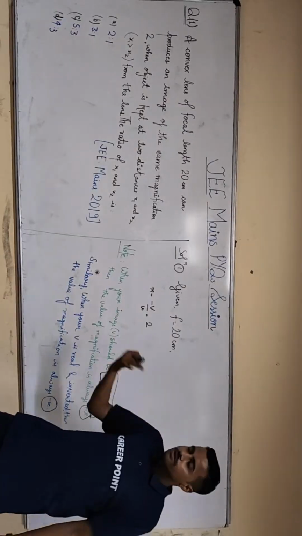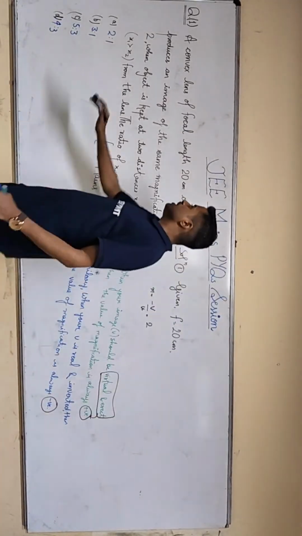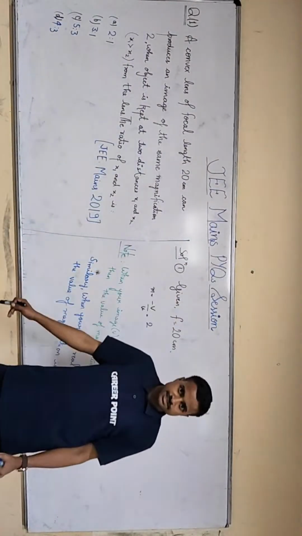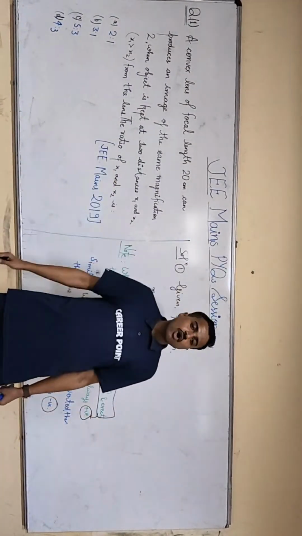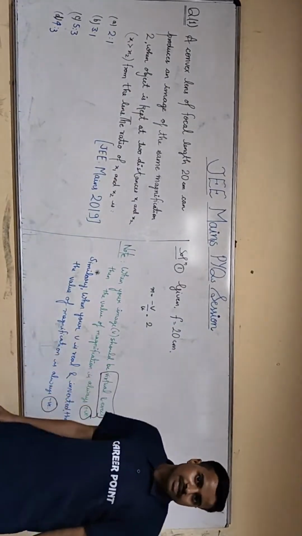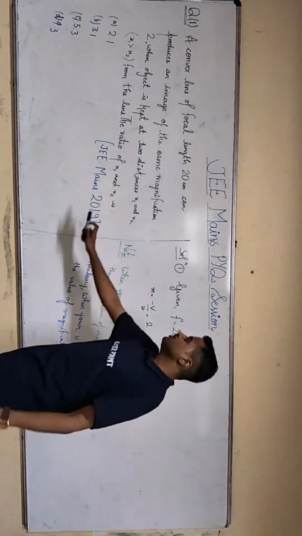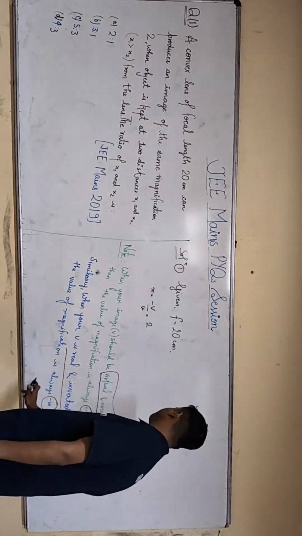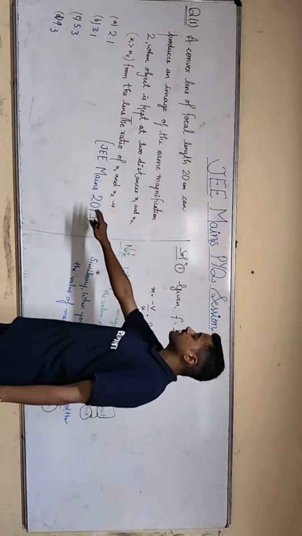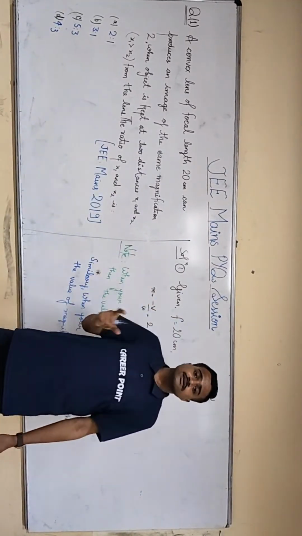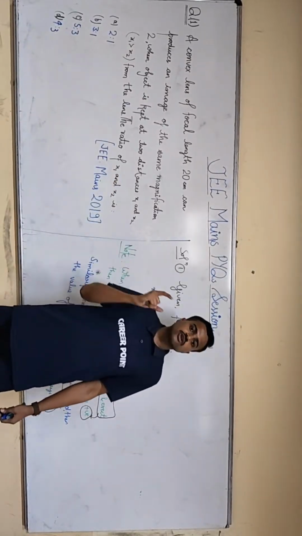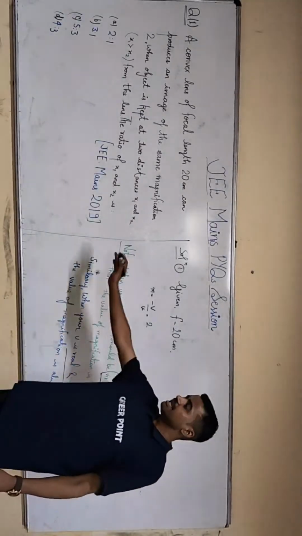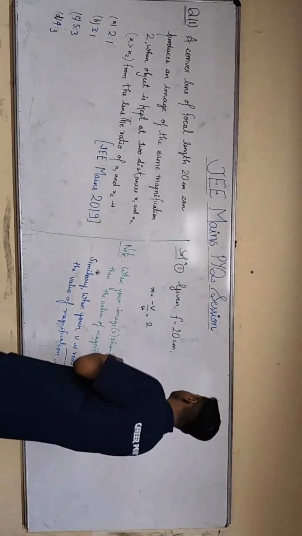According to the concept, let x1 be the object distance when the image is real. When the image is real and inverted, the magnification is negative, so we keep magnification as negative, that is -2. Put the value and get your answer.